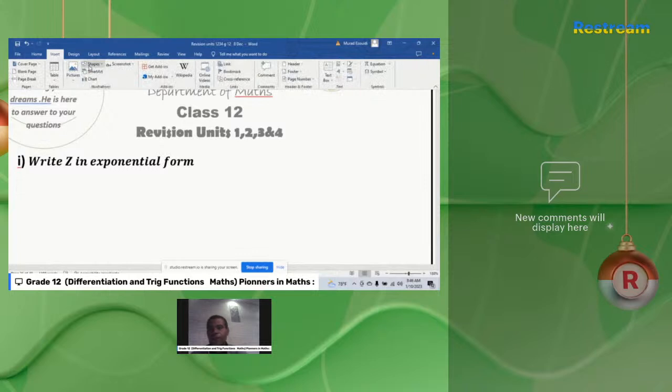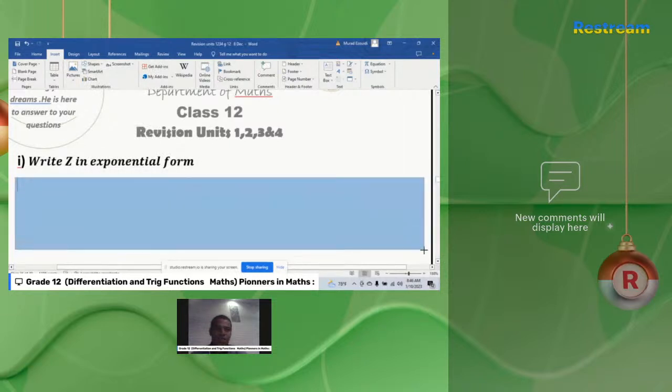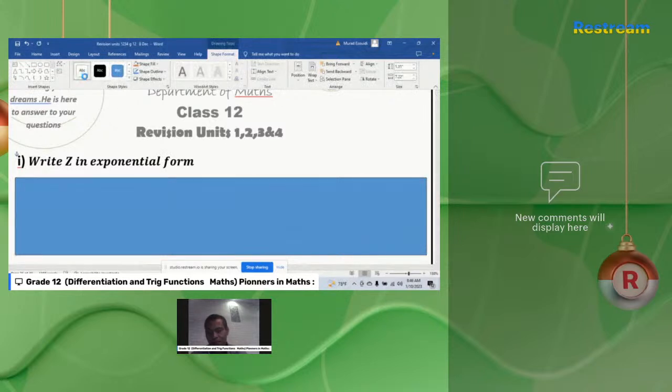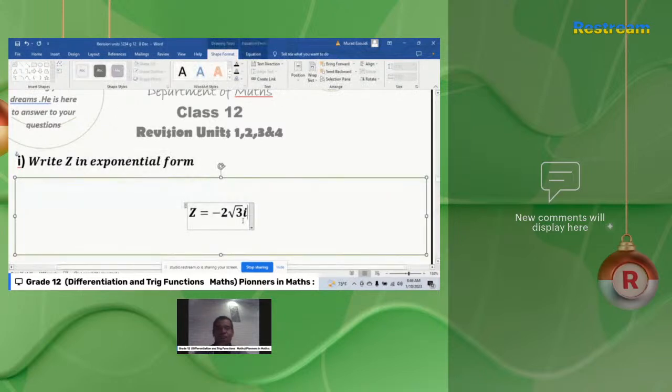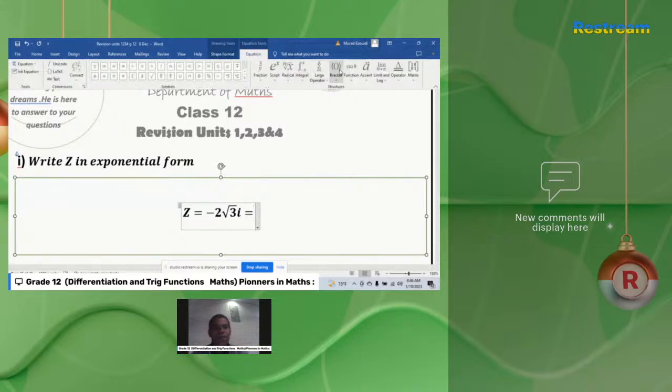First of all, learners, you should write your complex number, z equals negative 2 root 3 i, which is equal, in fact, to r, or the modulus of z, as you like, times the exponential of i theta, or i times the argument of z.